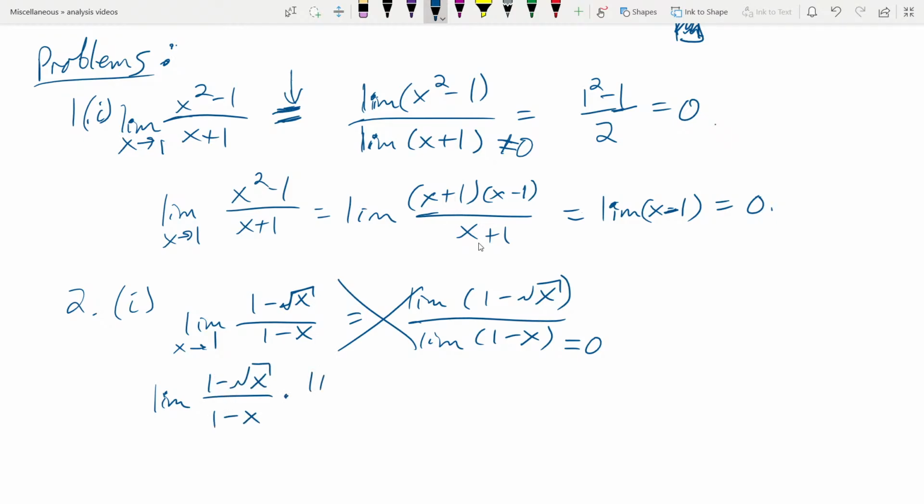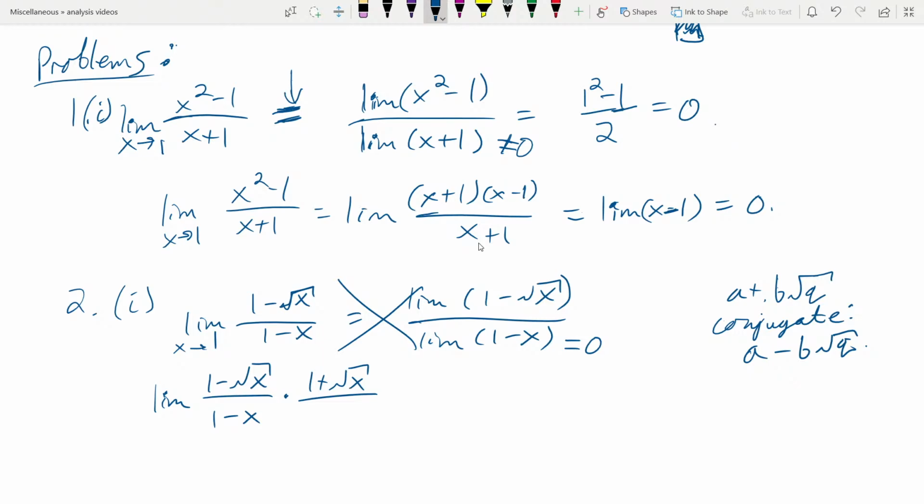If you have a plus b square root of q, the conjugate is just a minus b square root of q.